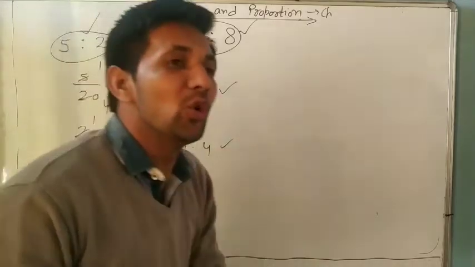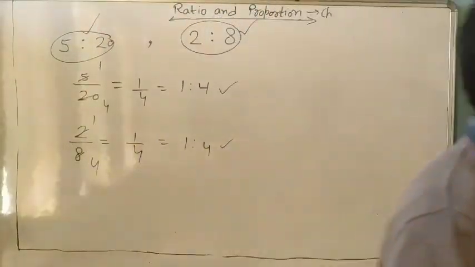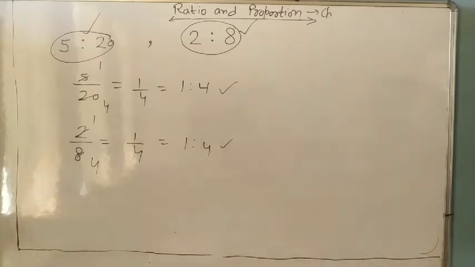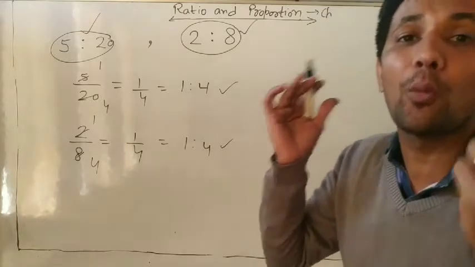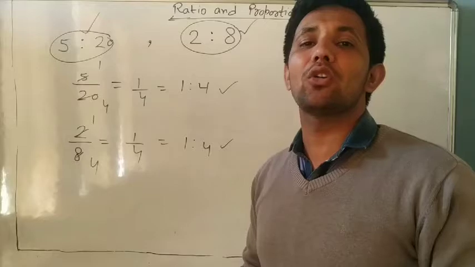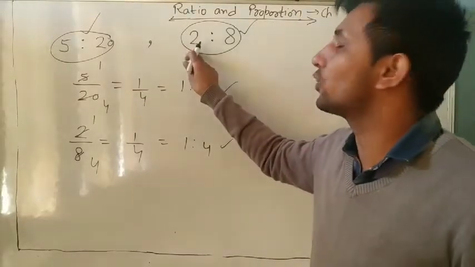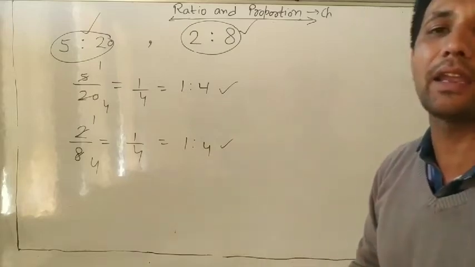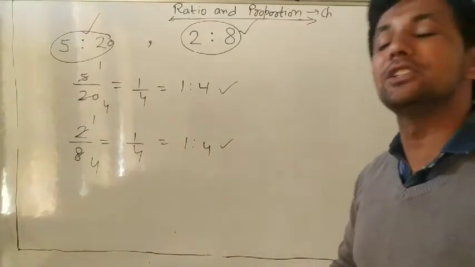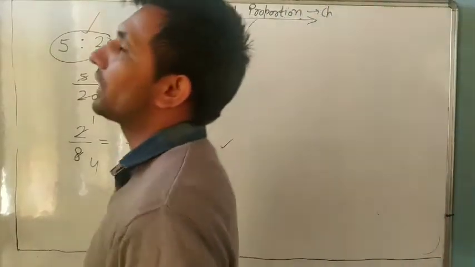If two ratios are the same, then they are called in proportion. You can say that 5:20 and 2:8 are in proportion. So what is proportion?